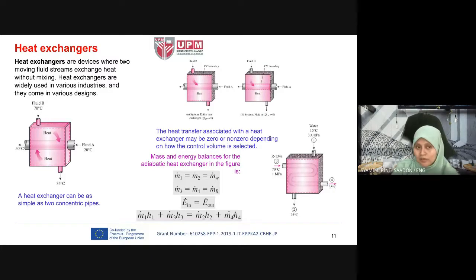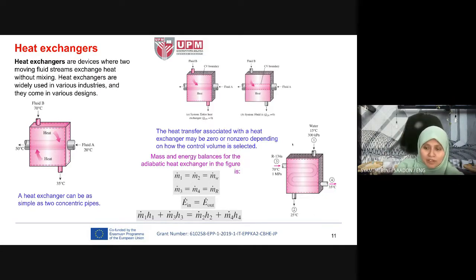No work input or output, and no heat input or heat output. Even though there is heat transfer from fluid B to fluid A, we consider that it is within the system, inside the system, bukan from outside.